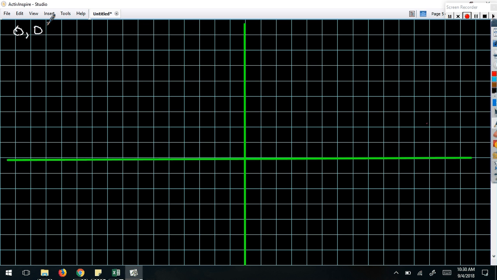The point 0, 0 is also the origin here. Then I have the point 2, 1. So that means go over how many? Over 2, up 1.